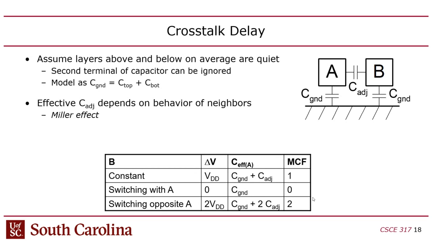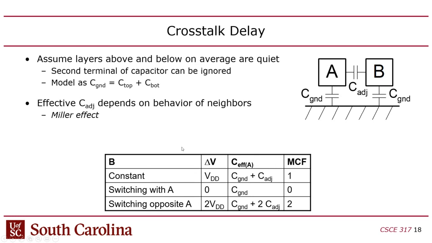If you have two wires that are next to one another, you have crosstalk, but you also have additional delay, not necessarily noise, but delay, that is caused when you have two wires that are switching opposite of one another. Say A is at 1 and B is at 1, and then B goes down to 0, right?